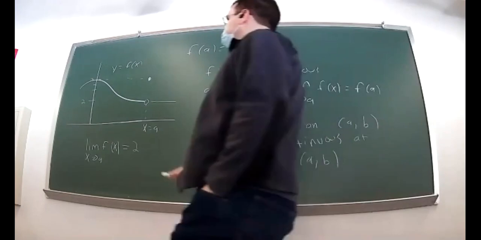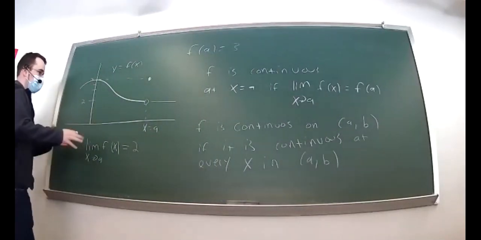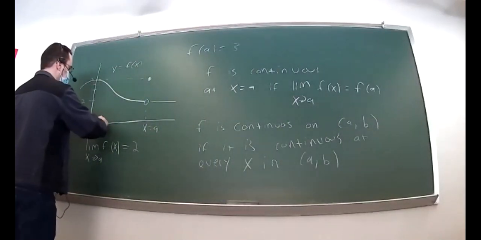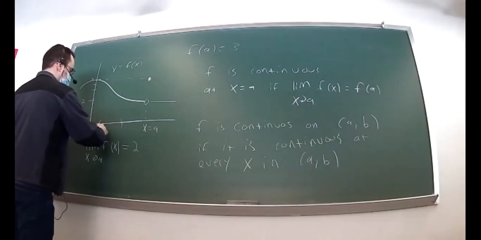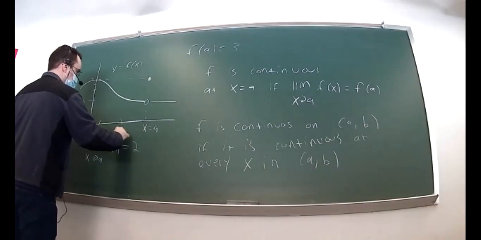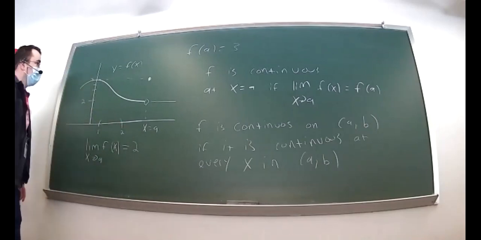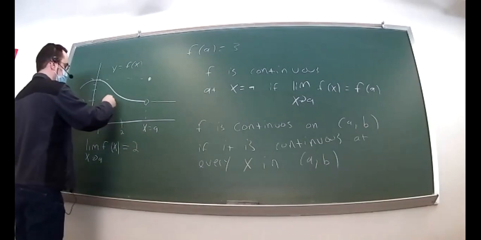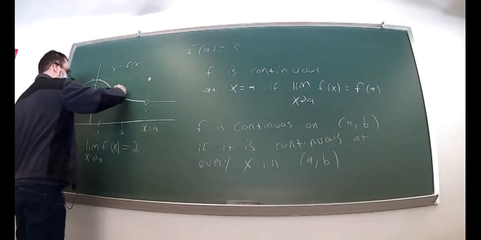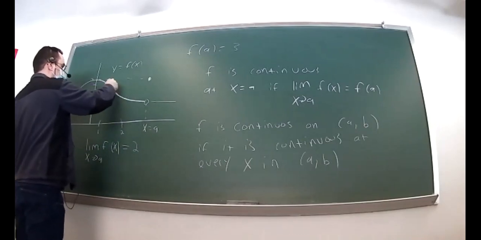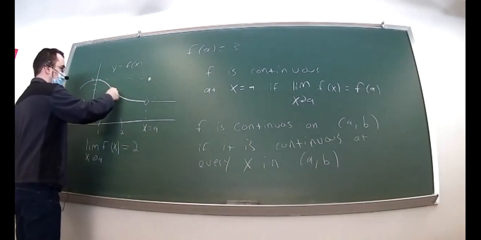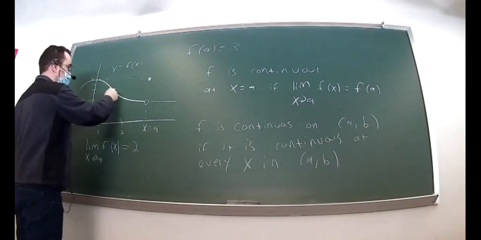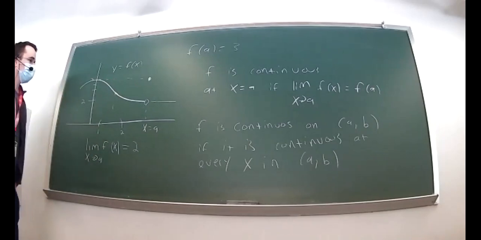So for instance, this schematically drawn function, if I take the interval from, maybe call this 1 and call that 2, appears to be continuous on the interval from 1 to 2, because if I look at the graph over that interval, it appears that at every point the limit as x goes to whatever point you're looking at will be equal to f of x.